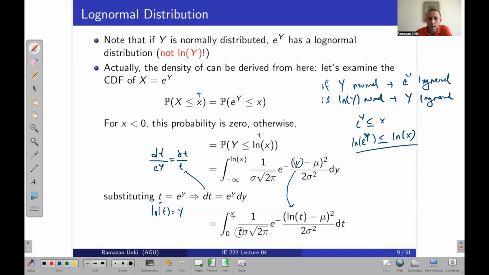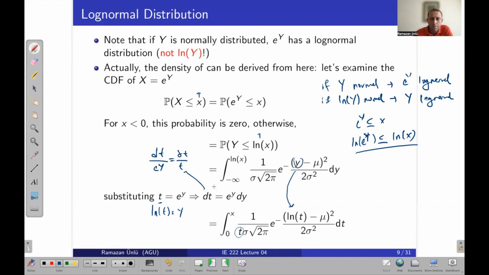Okay, and let's specify the new limits for the new parameter t. In this one, y ranges from minus infinity to ln of x. If I put minus infinity here, t will go to 0, so my lower limit will be 0.